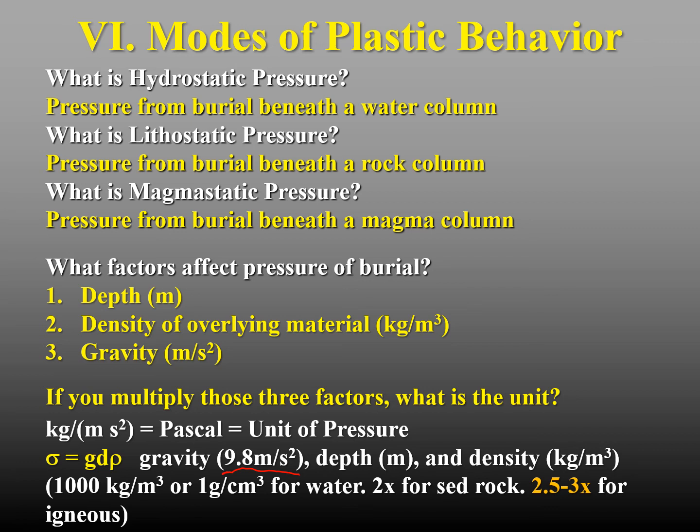Now, geologists and engineers have measured the densities of lots of things. Water's fantastic because it's nice and easy. It's 1,000 kilograms per meter cubed. So think about that. How big is a cubic meter? Meter by meter by meter, right?